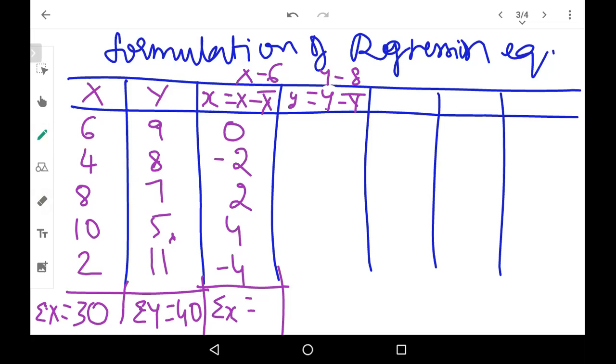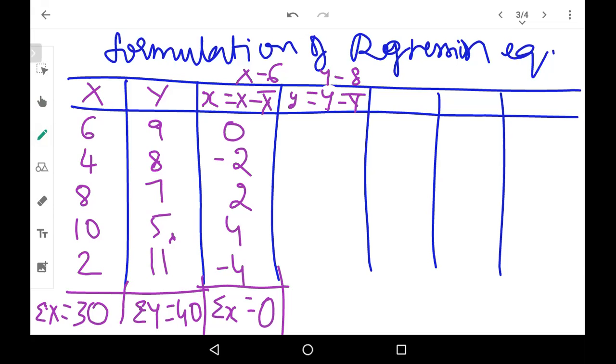Total all of this. Quickly. 0. You have to solve it along with me, only then you'll be able to understand. You'll get 0 here.